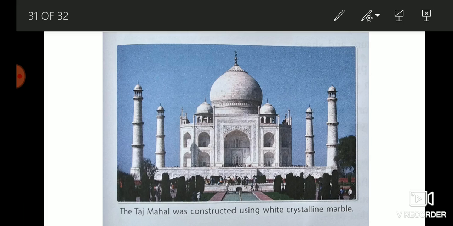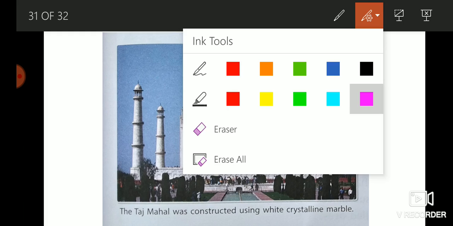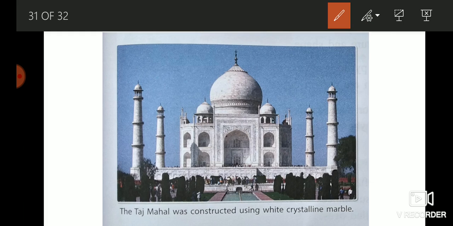That means it is made up of marble, crystalline marble. So for the construction of the Taj Mahal, marble rocks were used.